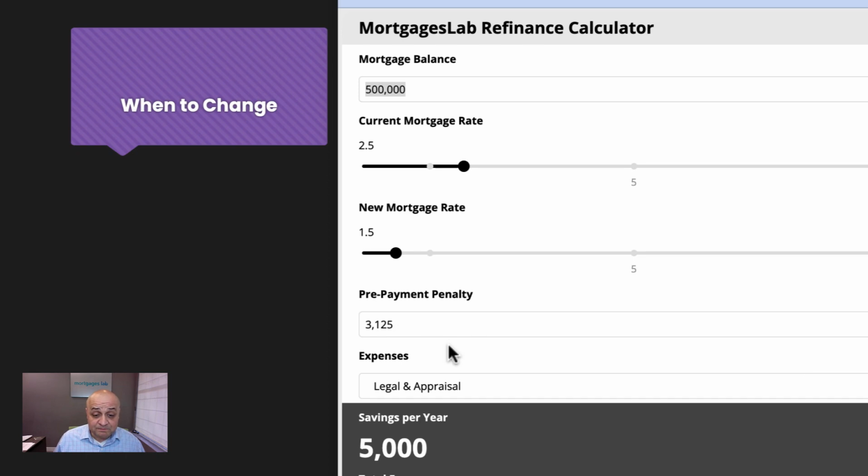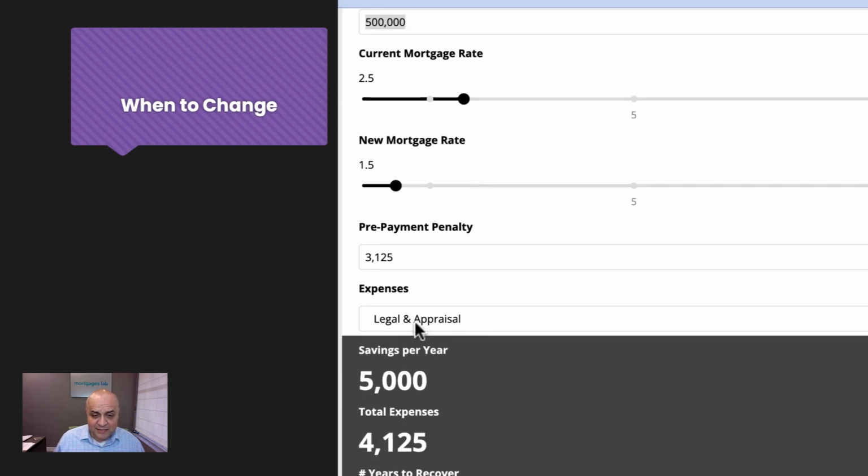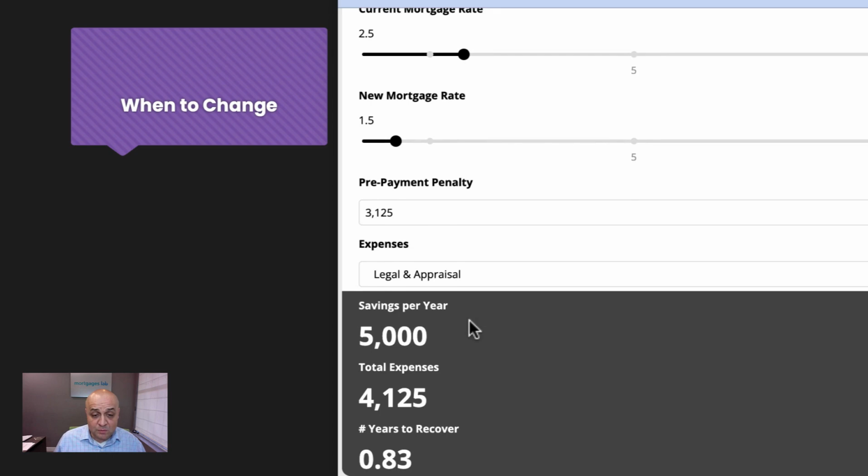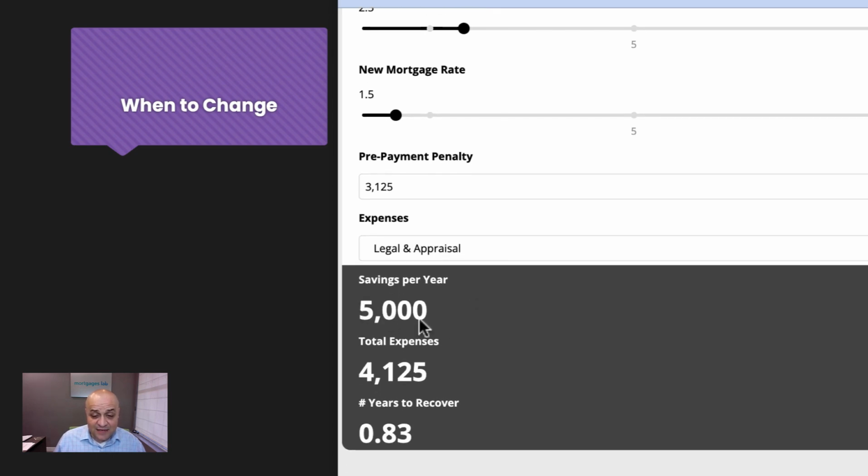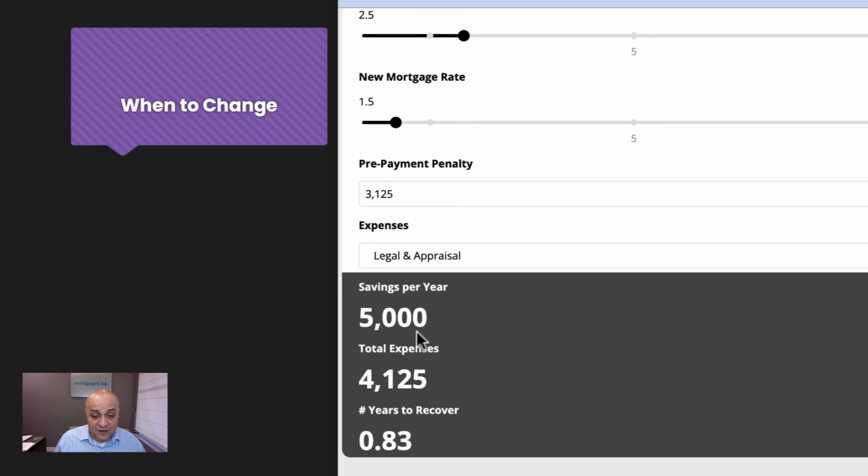Exactly what I just put here. And let's assume that you have legal and appraisal. Legal should be about $750 and appraisal, let's say $250, so another $1,000. So what would be the results? The result would be that you have savings of about $5,000 a year, okay? And the total expenses to leave the existing variable to the new variable at a lower rate are 4,125 all included, okay?